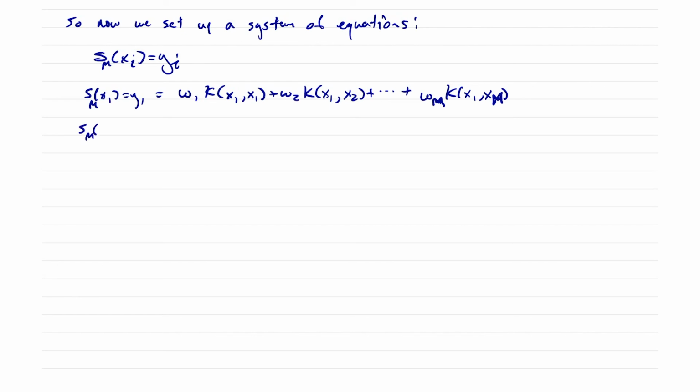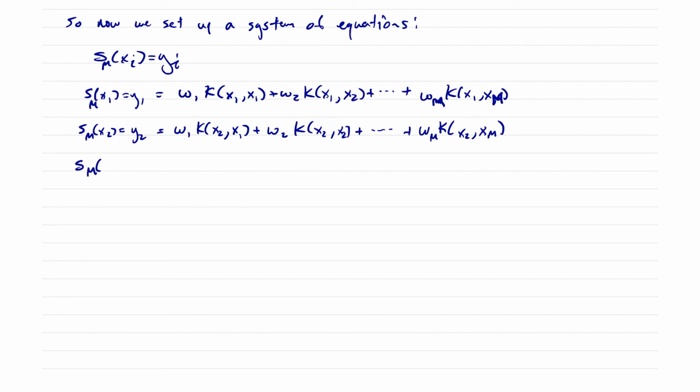And now we do the second one, x2, which we say should be equal to y2. This is going to give us w1 times k of x2 x1 plus w2 k of x2 x2, plus all the way up until we get to wm k of x2 comma xm.